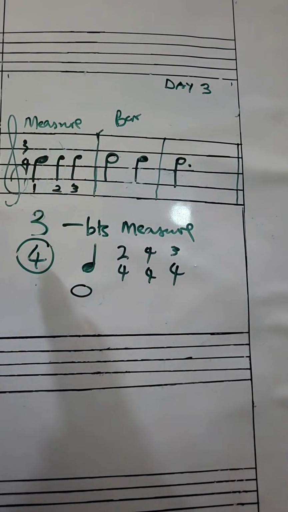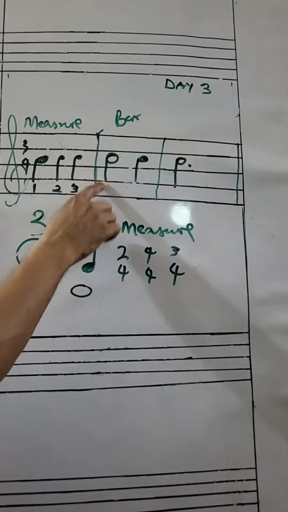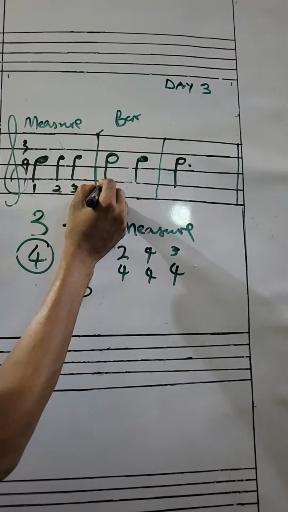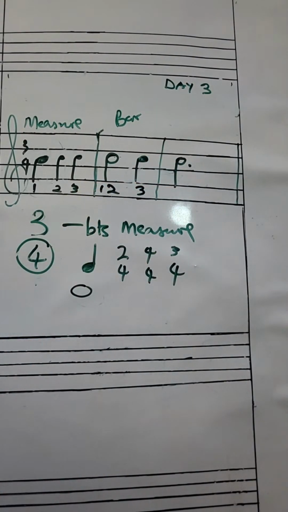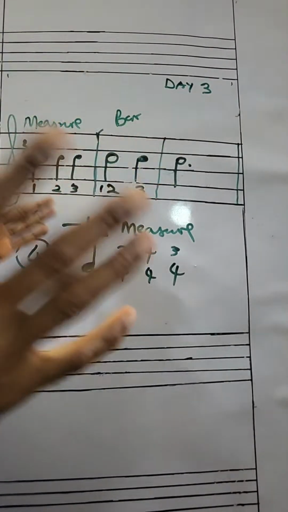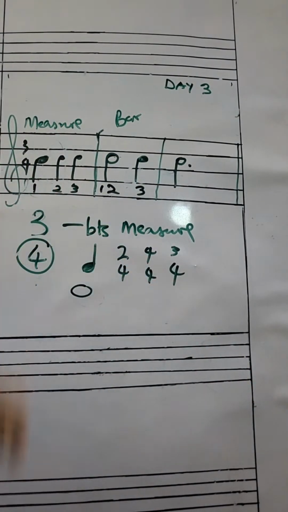We have here 1, 2, 3. 1, 2, 3. Here you see I clapped twice because this is 2 counts. Your minim is taking 2 counts. So when you clap, this is 1 and 2. This one takes the 3rd beat. So here the value of this note is 2, right? So you take 1, 2, 3.